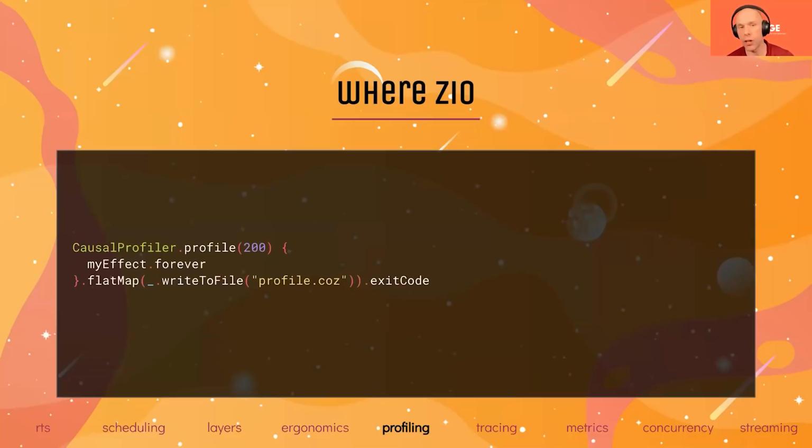The method used to implement this profiler is called causal profiling, and it's a relatively new technique for profiling applications that works extremely well for async code, and in particular, it works very well for ZIO, because ZIO already has, or almost had, and now with ZIO 2.0 it has, everything necessary to place the right hook into the runtime system to peek in and see.